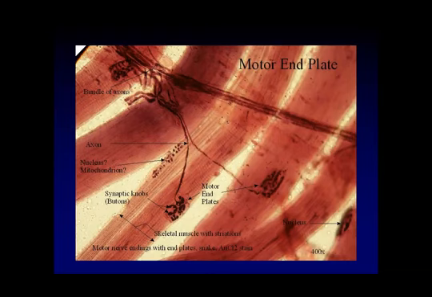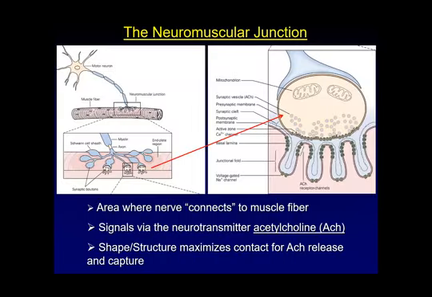Okay, so we'll talk now in some level of detail about what's going on the nerve side and what's going on the muscle side and why it looks in some ways the way that it does. So two things to keep in mind. One, surface area matters.